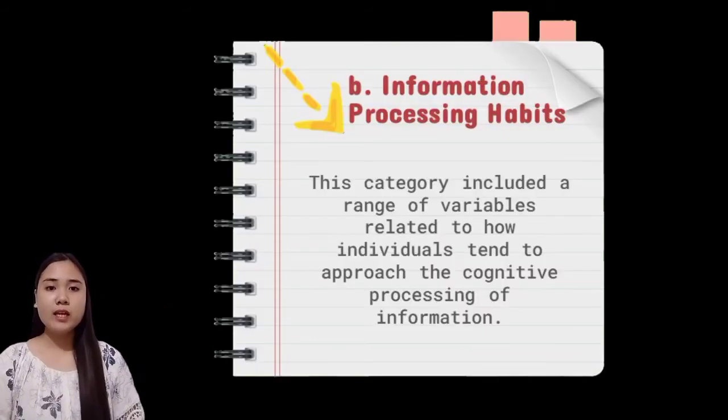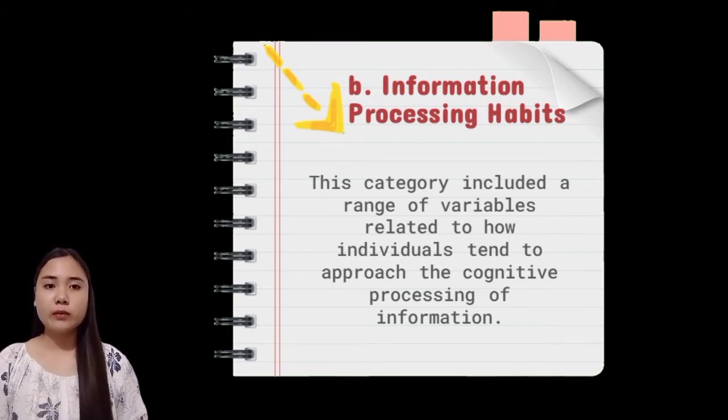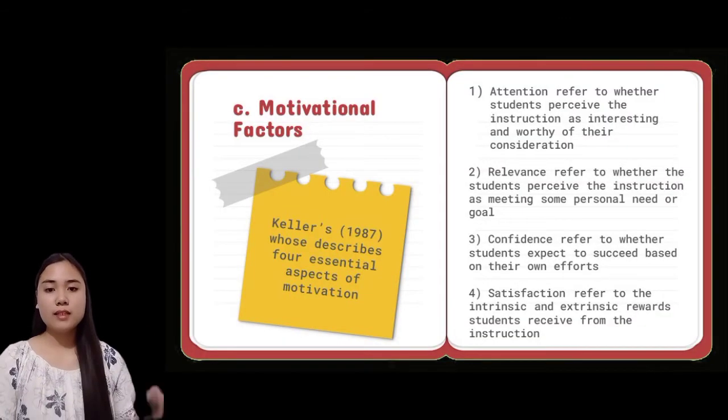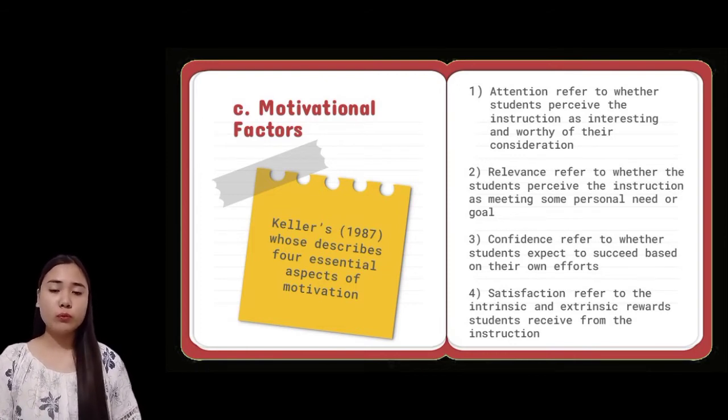Next, letter B, information processing habits. This category includes a range of variables related to how individuals tend to approach the cognitive processing of information. Letter C, motivational factors. Motivation is an internal state that leads people to choose to work toward or against certain goals and experiences.